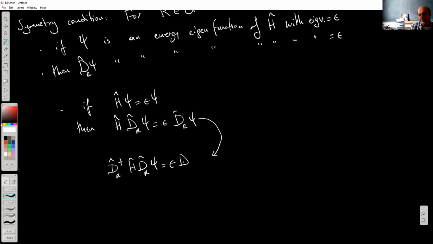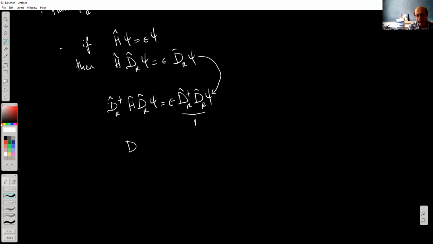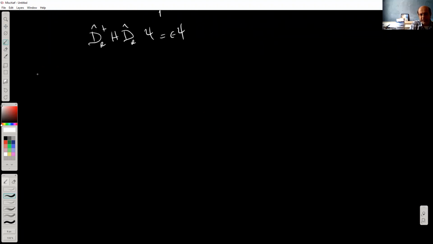So this is dr dagger dr, but since this is unitary, this is 1. Therefore, I get this equation: dr dagger H dr applied on psi is equal to epsilon psi. That's my symmetry condition.